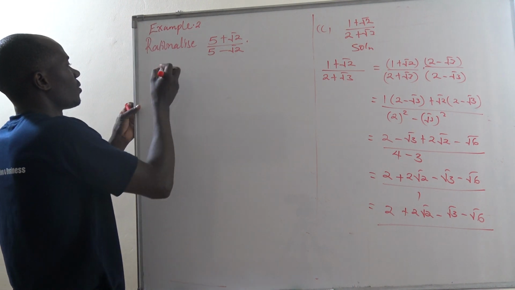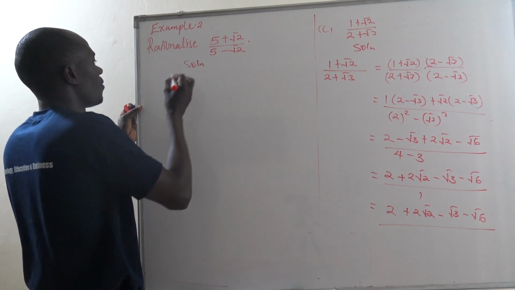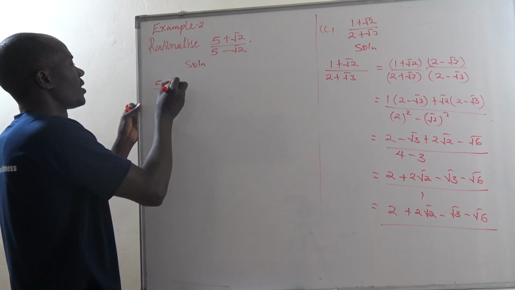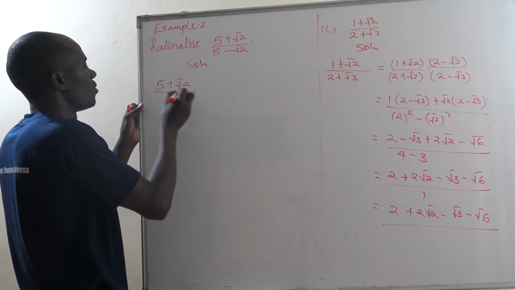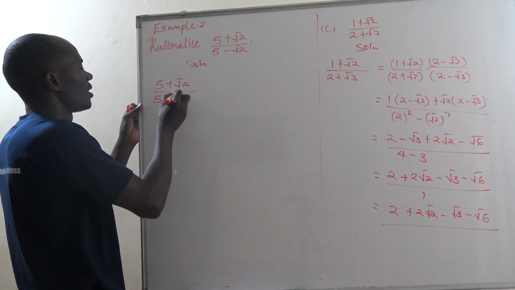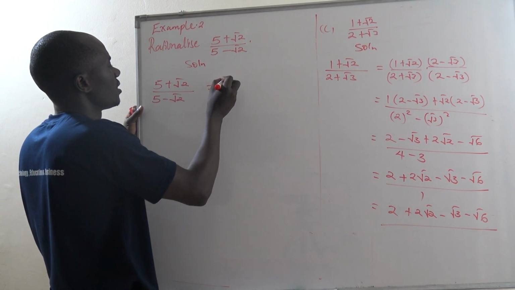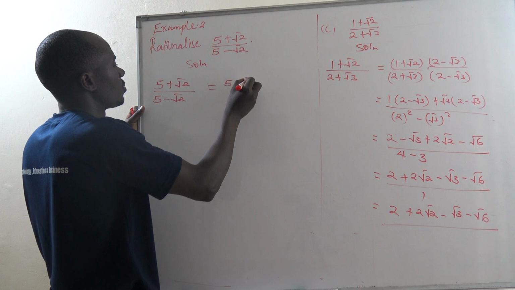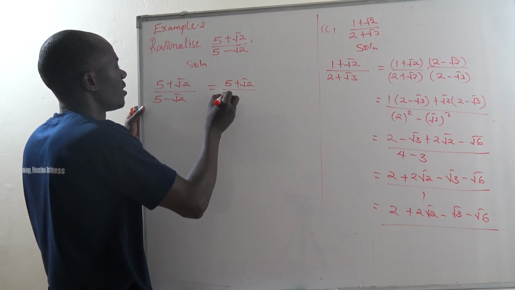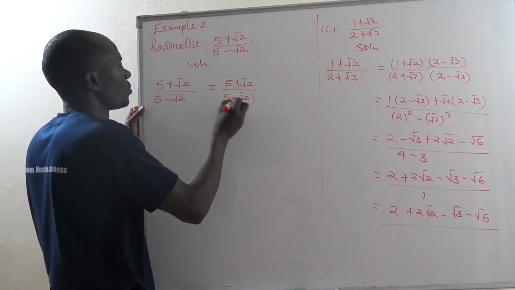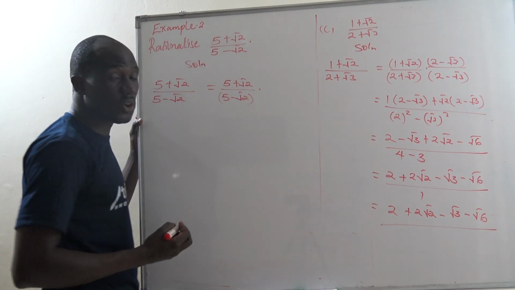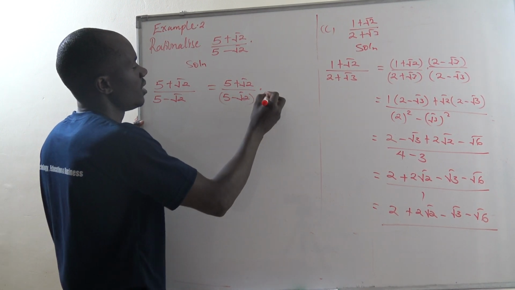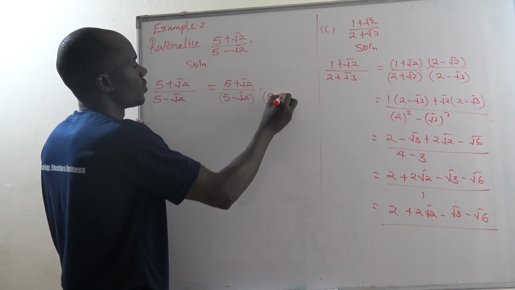So, solution. 5 plus root 2 all over 5 minus root 2 equals 5 plus root 2 all over 5 minus root 2 times, take the conjugate, it's going to be 5 plus root 2.